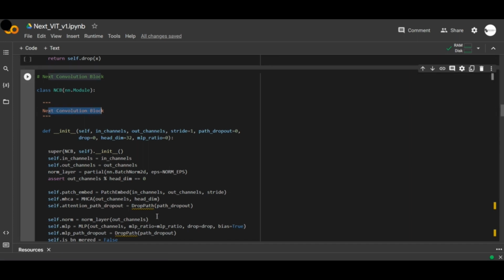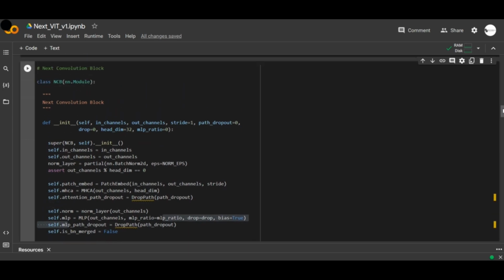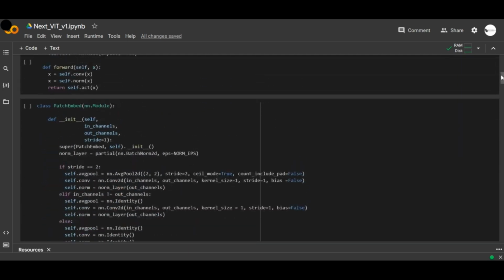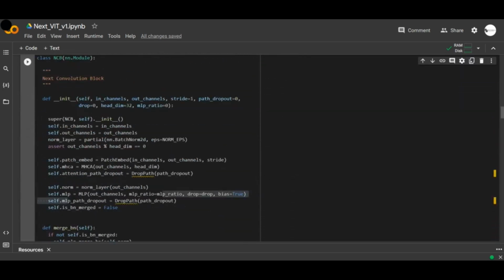So for instance, we take the patch embedding, and we have the multi-head convolutional attention, and before we apply the multi-layer perceptron, we make sure that we apply the patch norm and we regularize our model. So pretty much the next block is just a combination of all these components that we just discussed above.